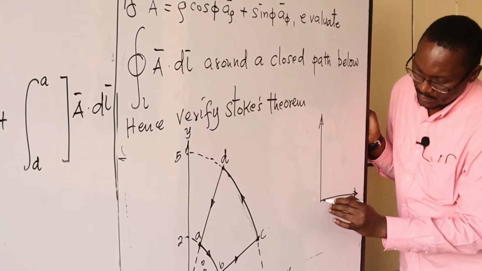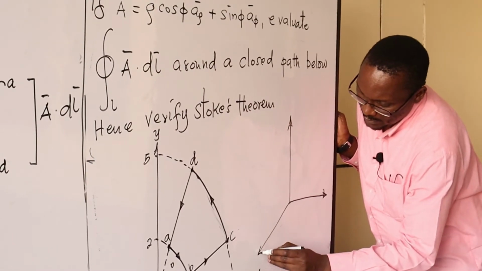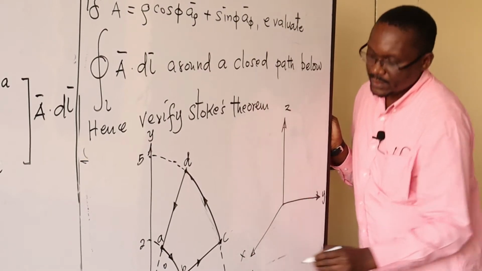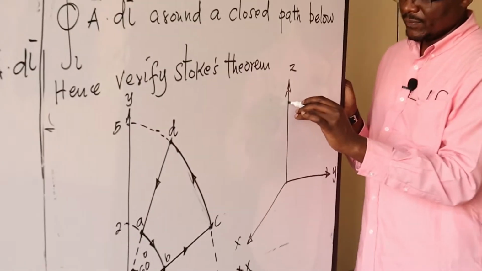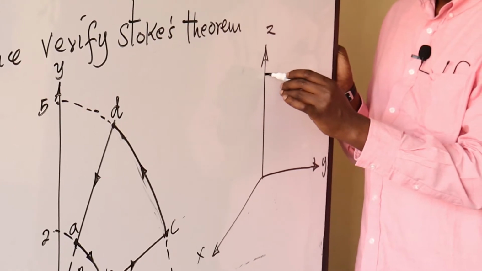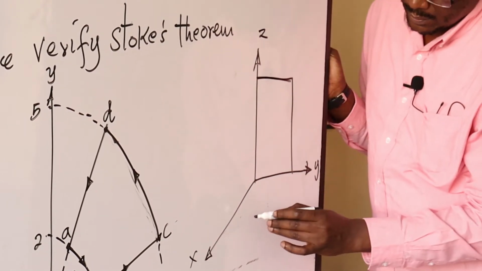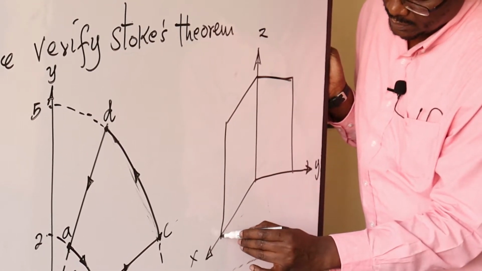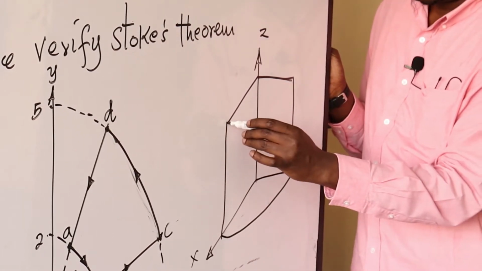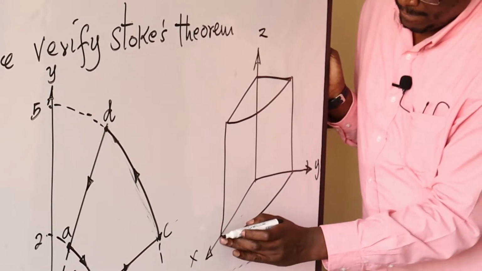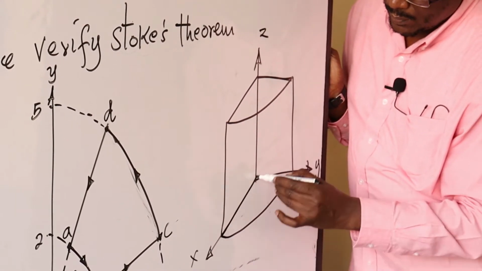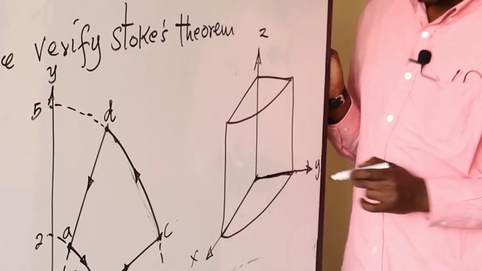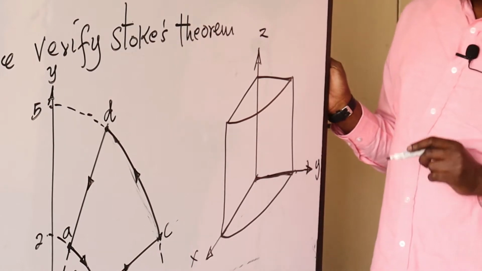This is Z, that is Y, and that is X. This is part of the cylinder. That is what I have as my cylinder.